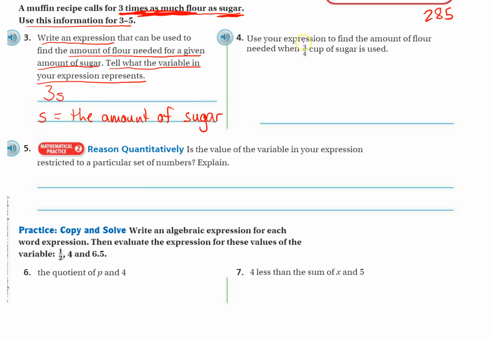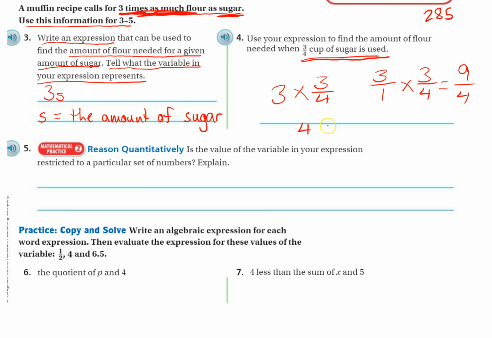All right, and number 4, use your expression to find the amount of flour needed when 3/4 cups of sugar is used. So now I just plug in. Now I know how much sugar, and that was my S. So I have 3 times 3/4. I can rewrite 3 as 3 over 1 times 3/4. And I'm going to get 9/4.